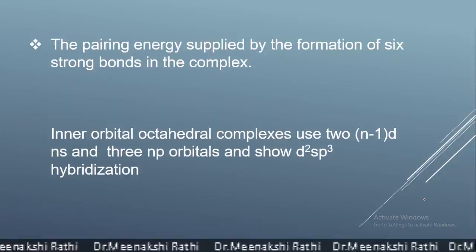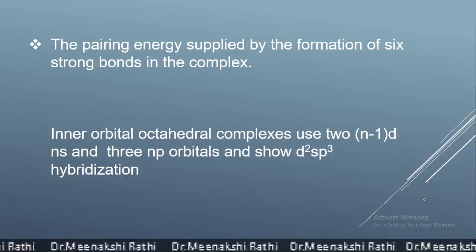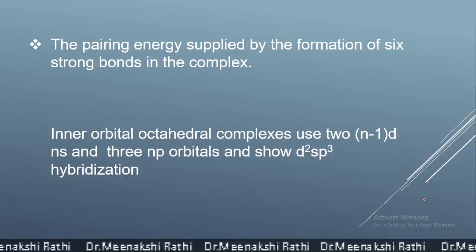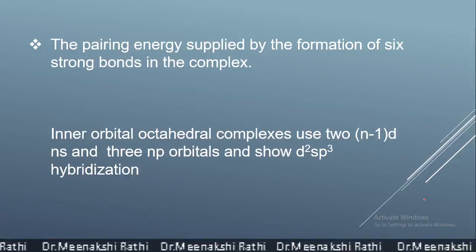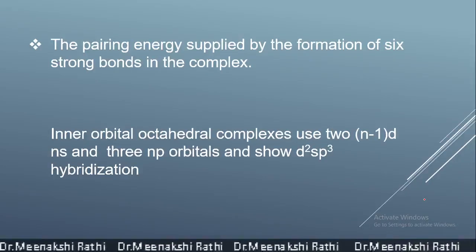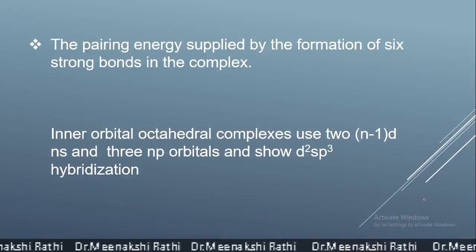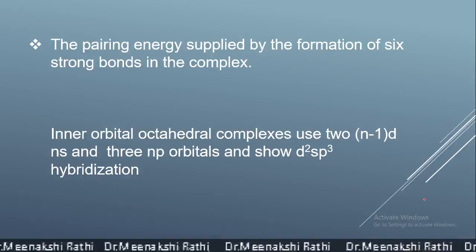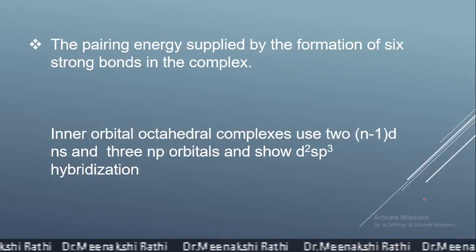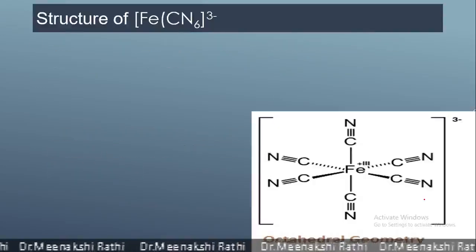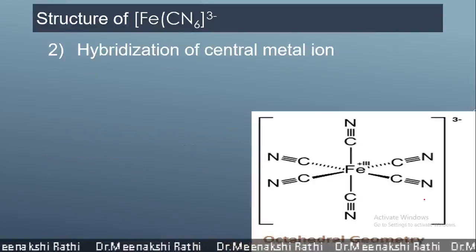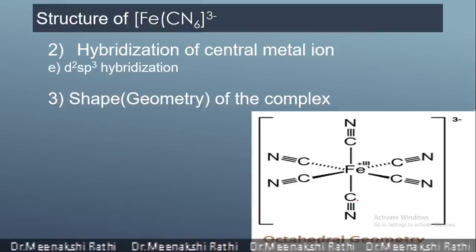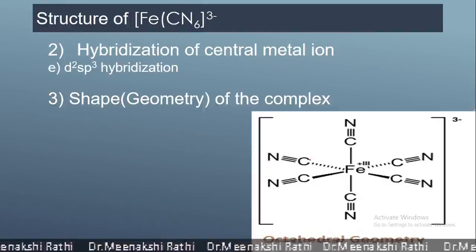Let's see. The pairing energy is supplied by the formation of 6 strong bonds in the complex, and here the inner orbital octahedral complex uses 2 (n-1)d, ns and 3 np orbitals, and it shows d2sp3 hybridization. It has d2sp3 hybridization and the geometry of the complex is octahedral, which is shown here.